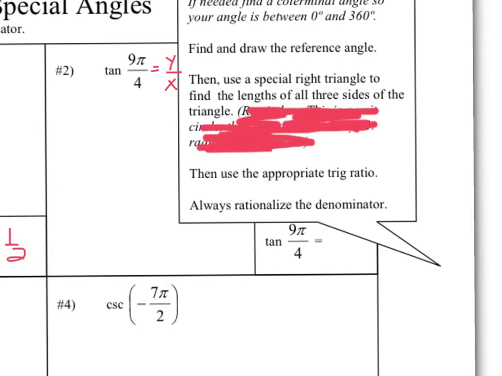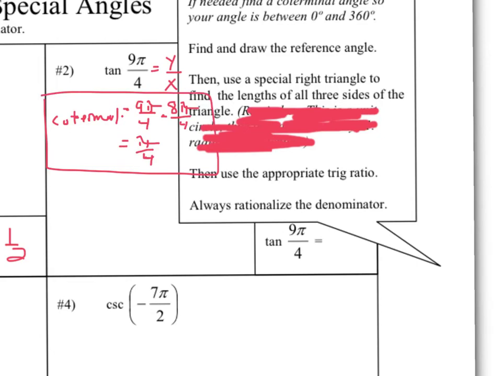You might choose to find a coterminal angle because the angle that we're given is bigger than 1 complete revolution. 1 complete revolution in radians is 2 pi. 2 pi as a fraction with 4 as the denominator is 8 pi over 4. So if you subtract those, you end up with pi over 4. So finding tangent of 9 pi over 4 is the same as finding tangent of pi over 4.